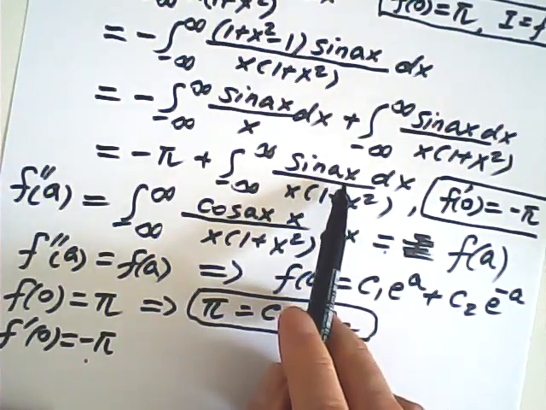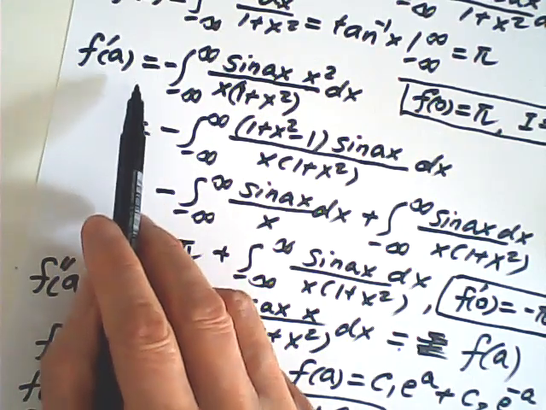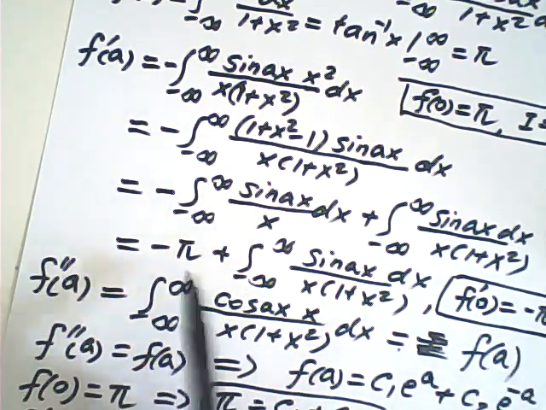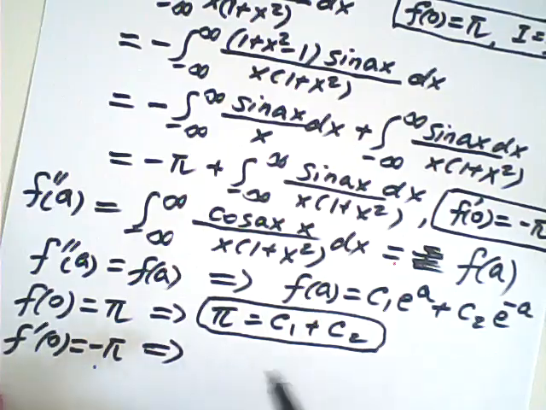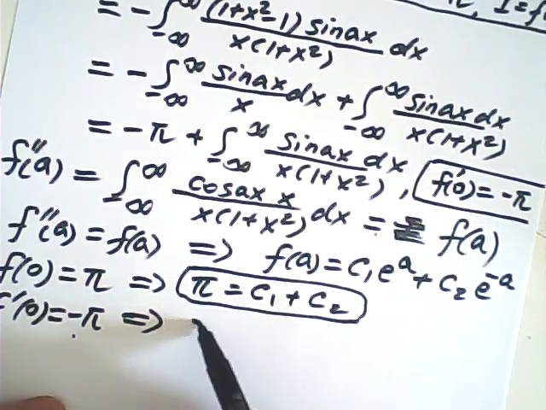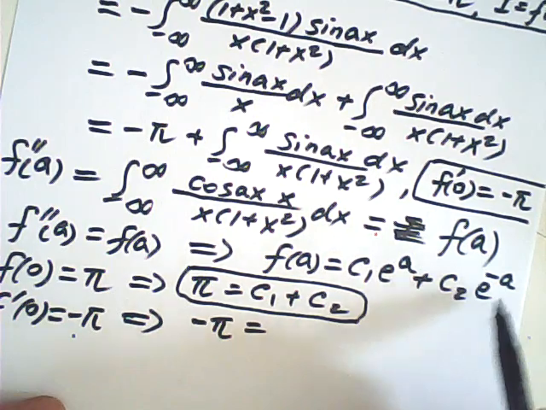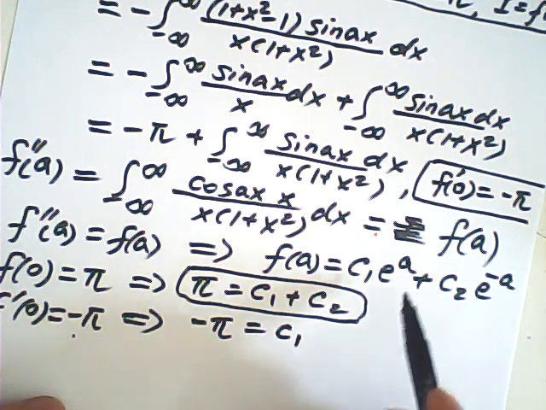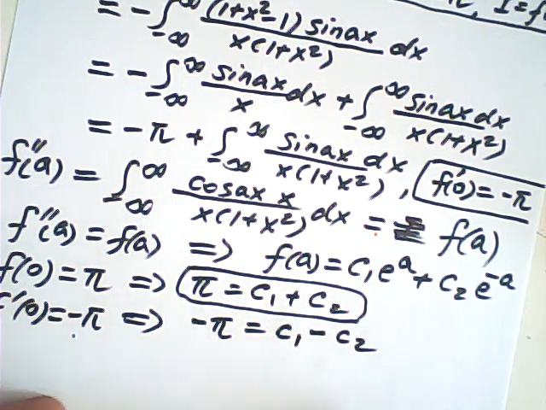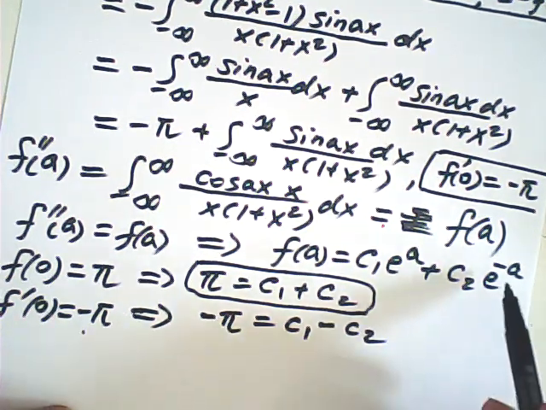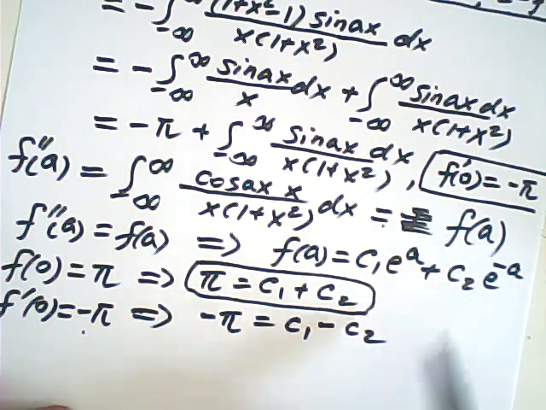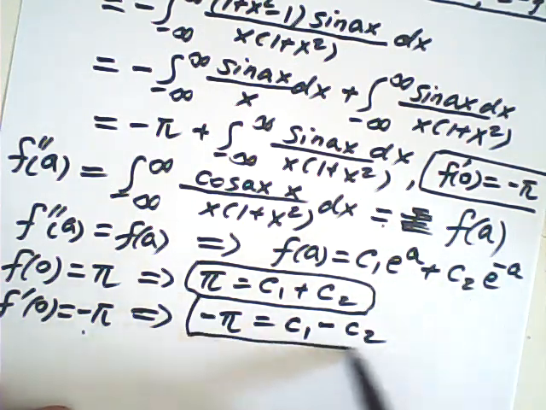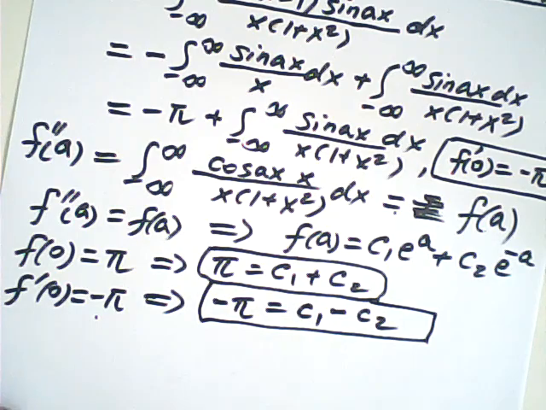That shows negative pi is equal to the derivative with respect to a, which is c1 minus c2, when a equals 0.